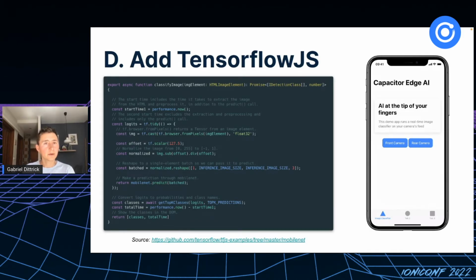And then the important steps are the following. First, we're creating an image variable from our HTML image element with the fromPixel method. The browser.fromPixel method will take the HTML image element and create a tensor that has the shape of our image and that has values between 0 and 255.